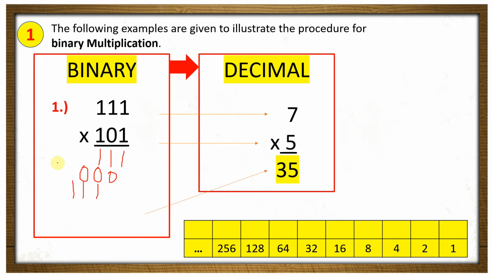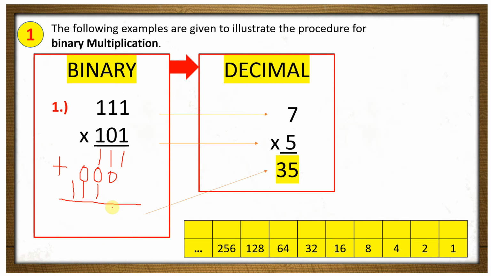The next step in binary multiplication is to add the partial products. Since there are 3-digit multipliers, there are 3 partial products, so you add these 3.